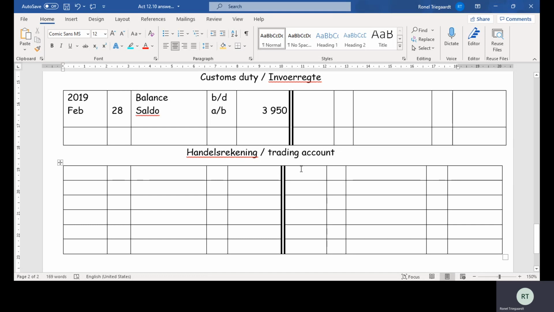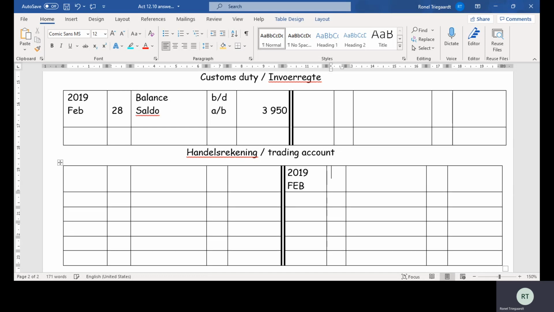Right. You know, before you do anything, you know that trading account will look as follows. On the 28th, you will have sales on this side, and you will have closing stock on this side. On the debit side, 2019, February the 28th, we're going to look for the amounts now. You're going to have opening stock.